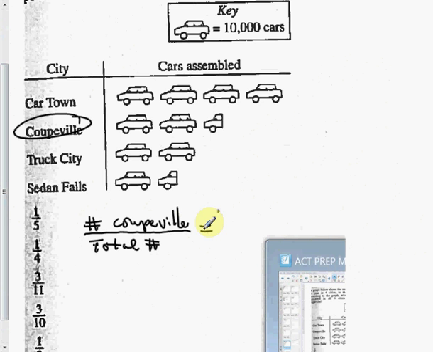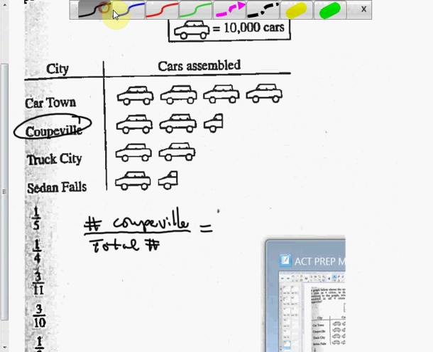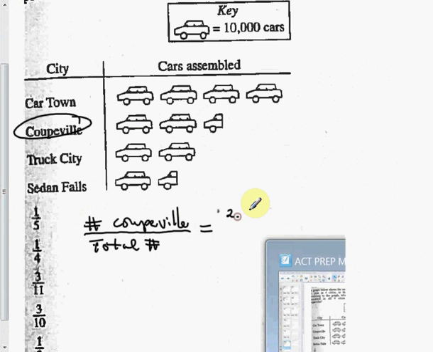All right. So Coupeville, that's going to be 2.5, right? Then the total is 1, 2, 3, 4, 5, 6, 7, 8, 9, 10. And 2.5 divided by 10, what do you get there?